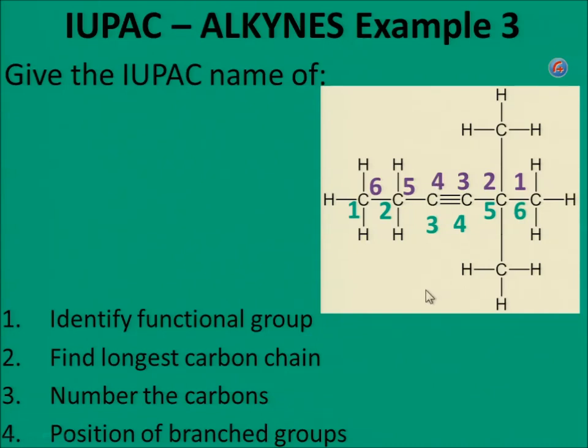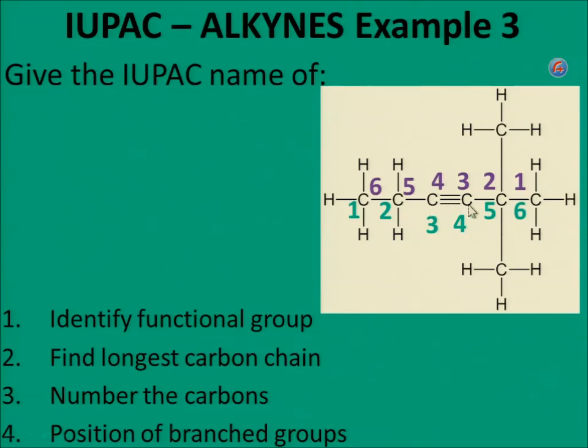So now, how do you decide which numbers are the correct ones? You look at the substituents. The substituents are for the green numbers at carbon 5, but for the purple numbers, they are at carbon 2. Therefore, the purple numbers would be the correct ones, because then the substituents and the functional group are at the lowest possible carbon numbers.